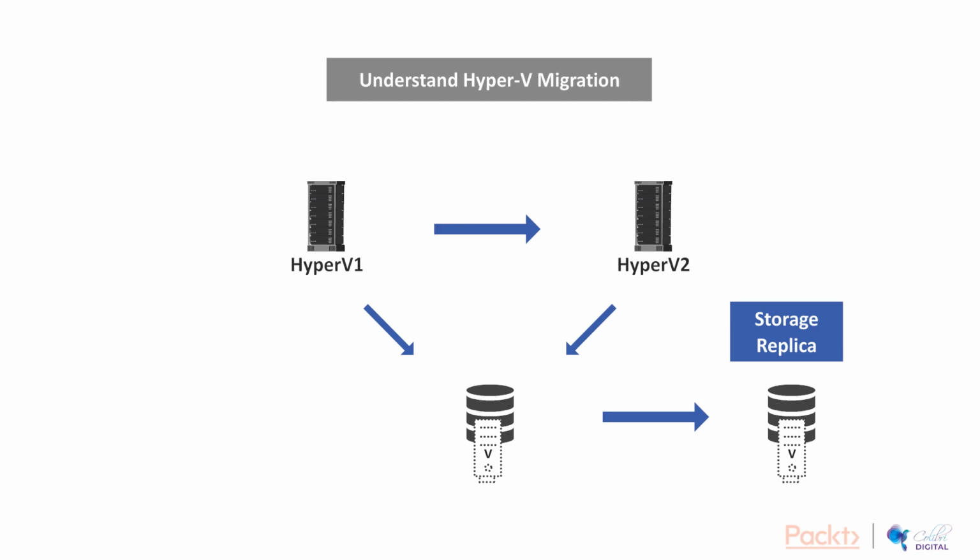The next one and the last one would be the storage replica, and that is used in disaster recovery scenarios where you have your Hyper-V host in a site and the storage as well, and you have another totally different site with other Hyper-V hosts and other pieces of storage.